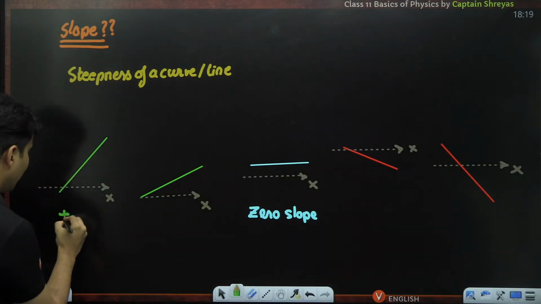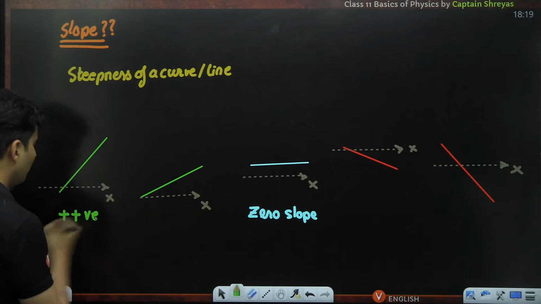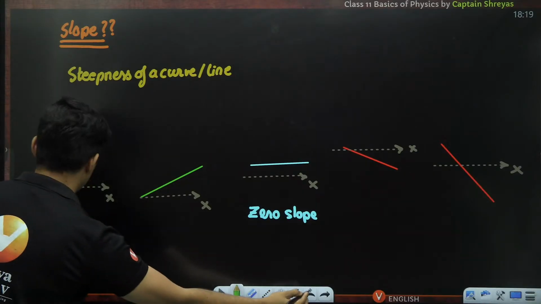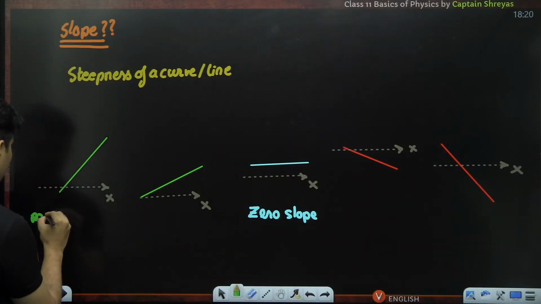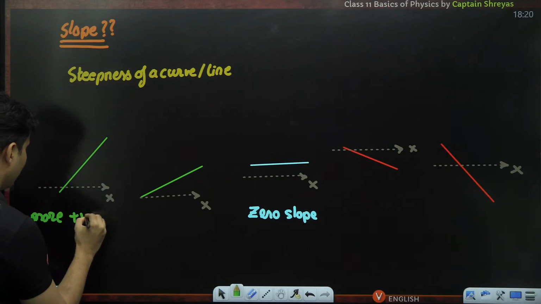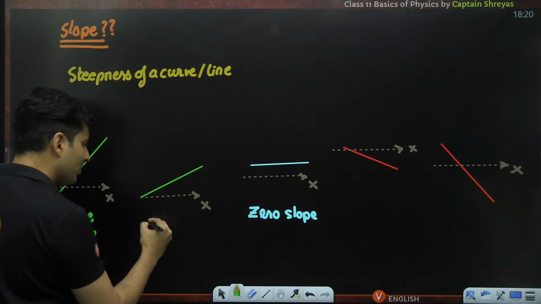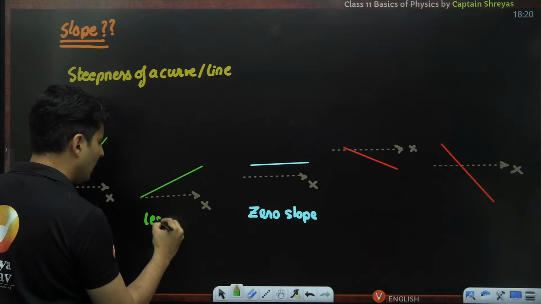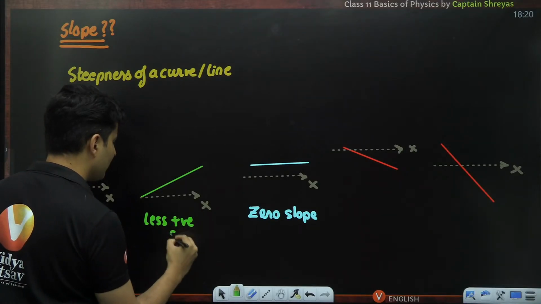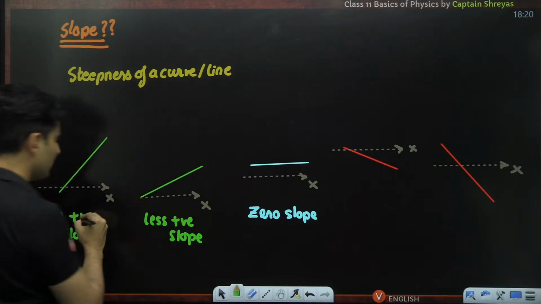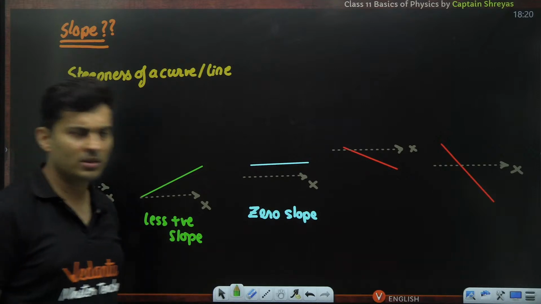So this is heavily positive slope. This is more positive slope. Here, this is positive, but not as much. So less positive slope. Not as much as this one, but it is slightly positive.